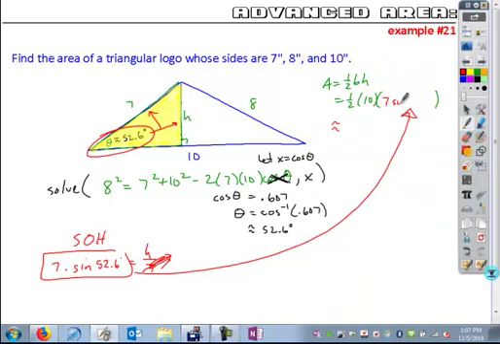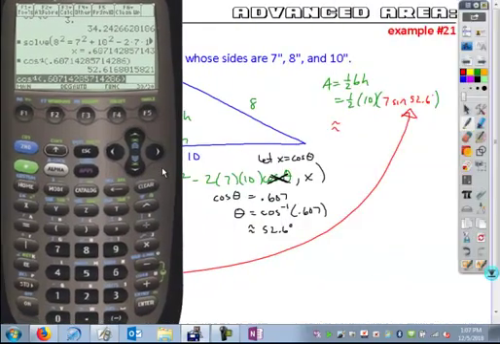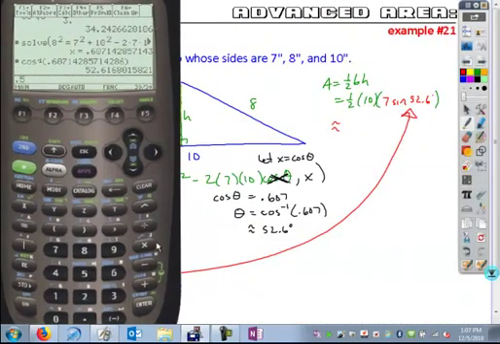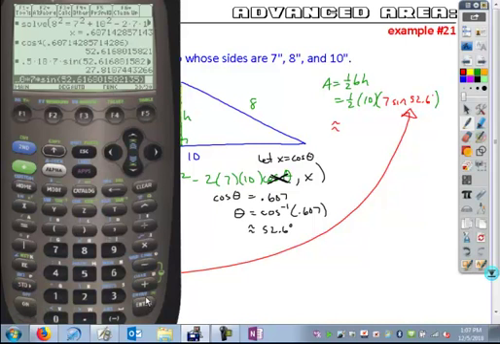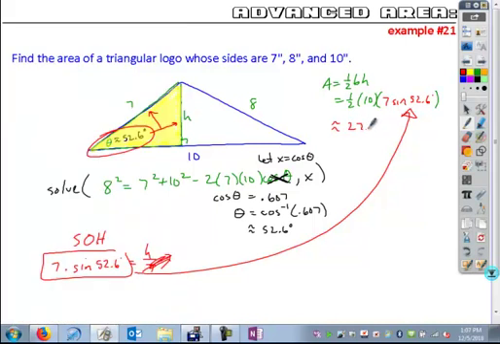So 7 times the sine of 52.6. And so now when I do my calculation, I have 1/2 of 10 times 7 times the sine of this 52.6. I'm going to highlight my exact answer. And when I do this, I get my solution, 27.81.